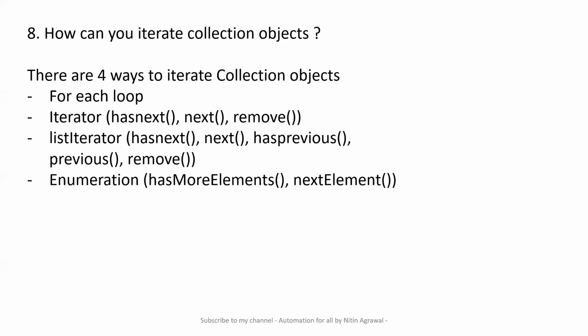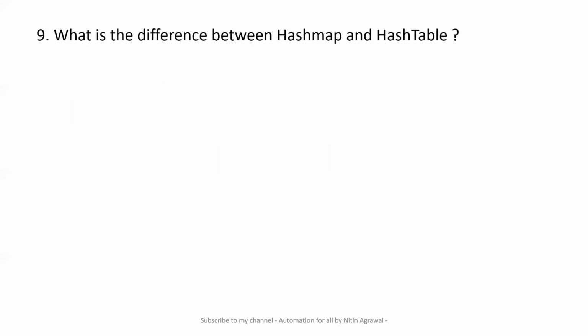And enumeration is again having two methods, has more elements, next element. So mostly for each loop and iterator is used for iterating collection, right? List iterator can be used to iterate only list type of object, and enumeration is from legacy class, so it is least used.